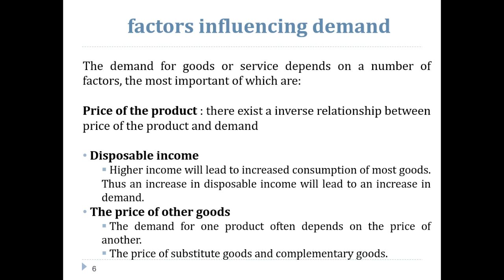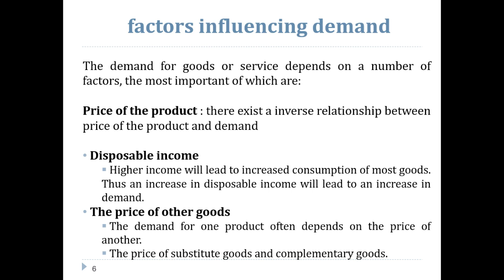The second factor is disposable income. Disposable income means the income available to a person after deducting compulsory payments to the nation or state. Compulsory payments from his salary will be deducted. So what is available with the person after that is known as disposable income, right?